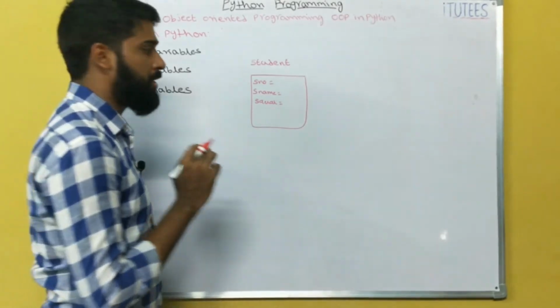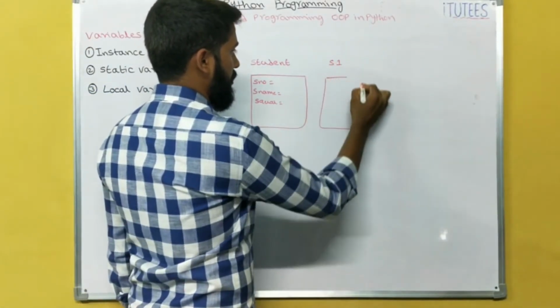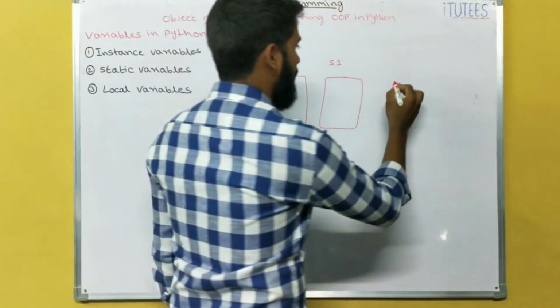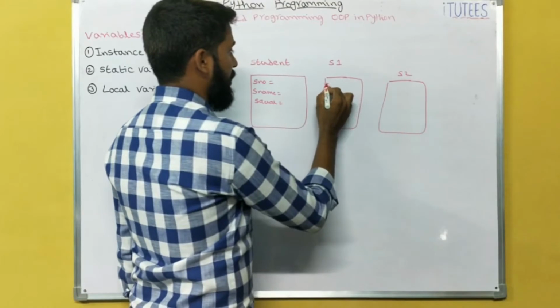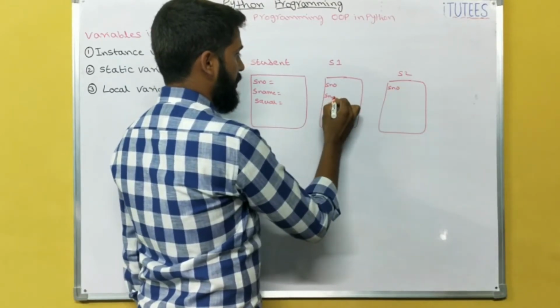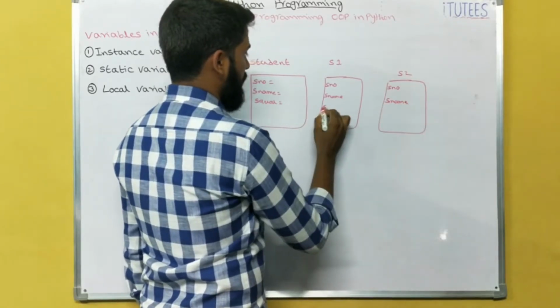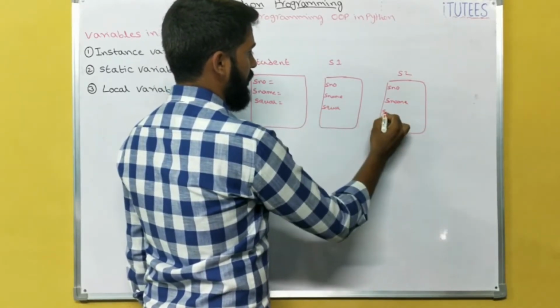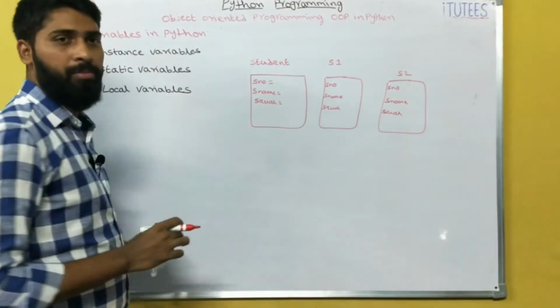Now I create object S1. I create another object S2. S1 contains snumber, S2 contains snumber. Similarly, sname, squalification. So what is an instance variable?